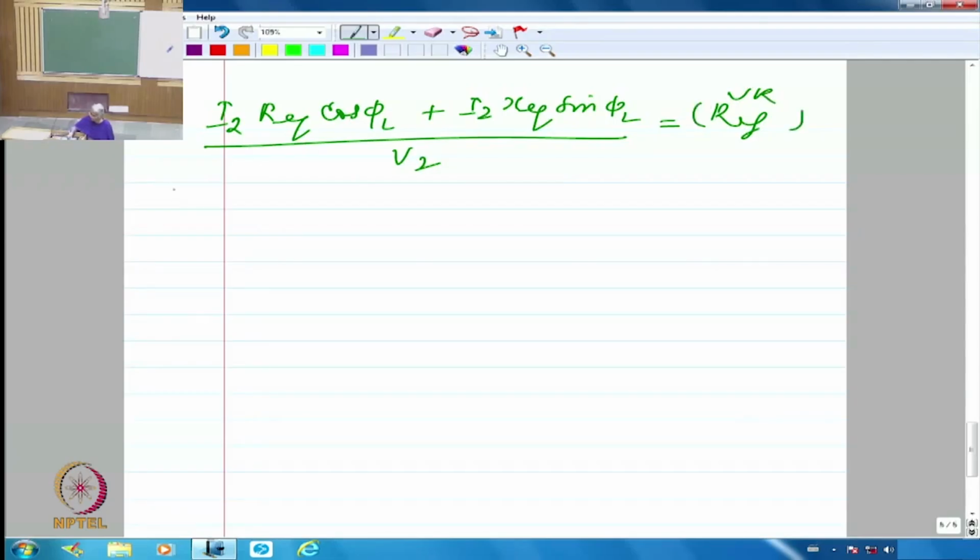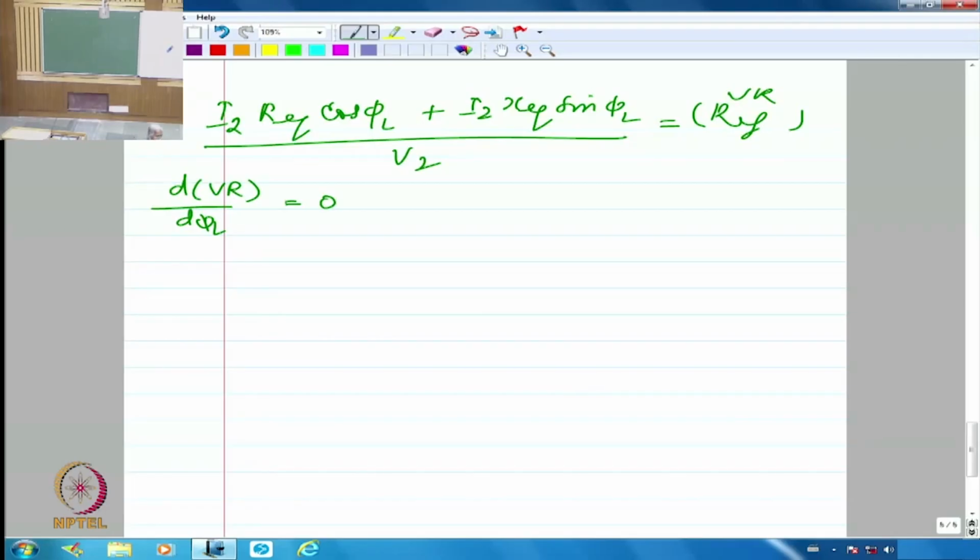So you can say at what point dVr divided by d phi L equals 0. You can try deriving this, and it will clearly give you at what point voltage regulation is minimum and at what point it is maximum. Okay?